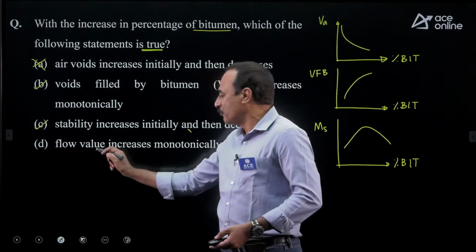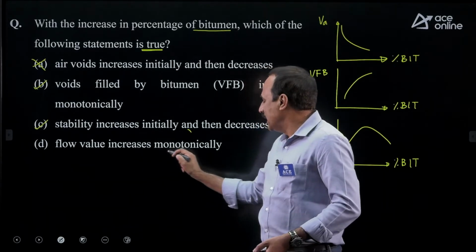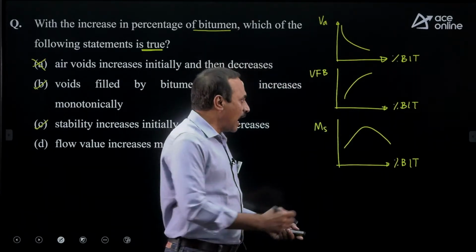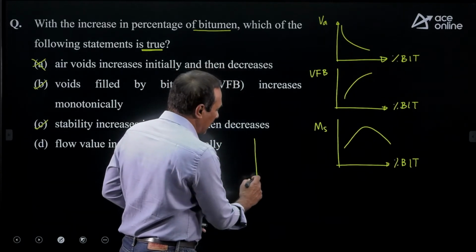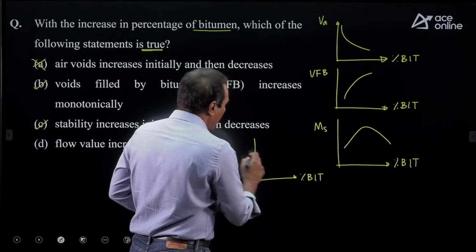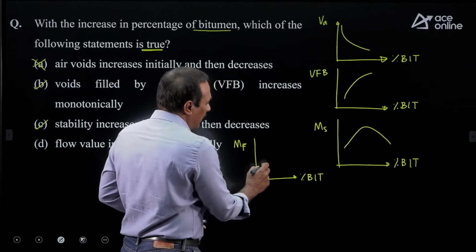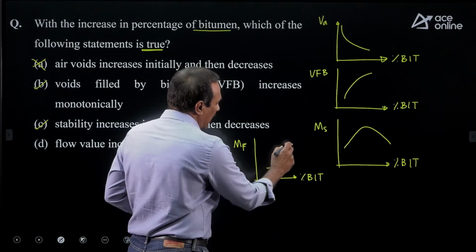Coming to the fourth option, Marshall flow value, nothing but deformation at failure, increases monotonically. As you keep on increasing the percentage bitumen content, the Marshall flow value will be increasing monotonically again like this.